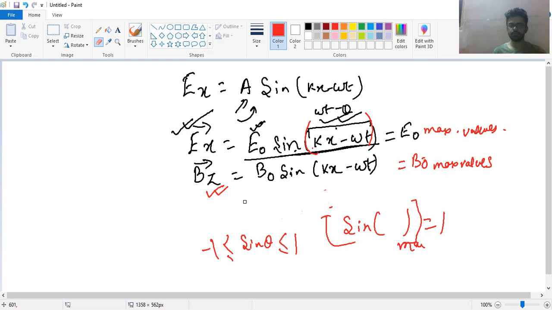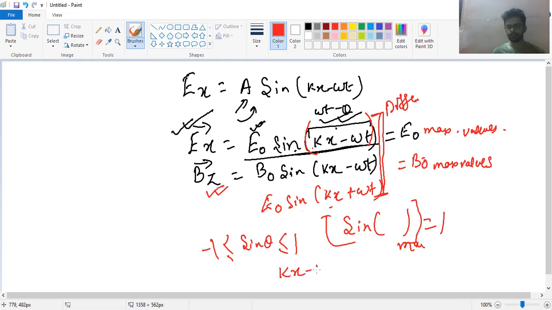Suppose a wave is written like E naught into sine of kx plus omega t. What is the difference between these two? The difference between E naught sine of kx minus omega t and kx plus omega t is that this wave is propagating along the positive x-axis, and this wave is propagating along the negative x-axis, right?